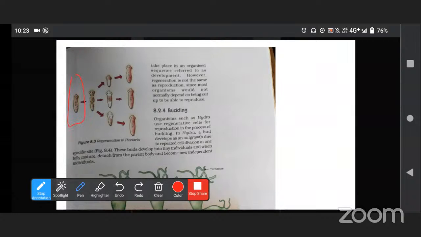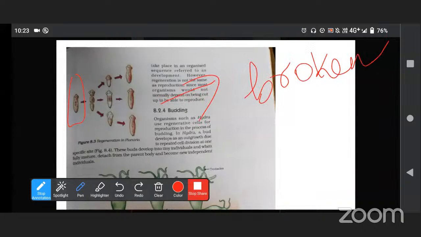When its body divides into different parts, sometimes accidentally, if their body parts are cut, then they may form different parts.